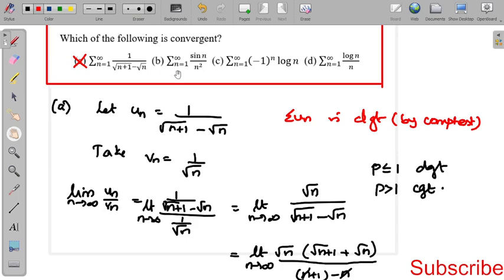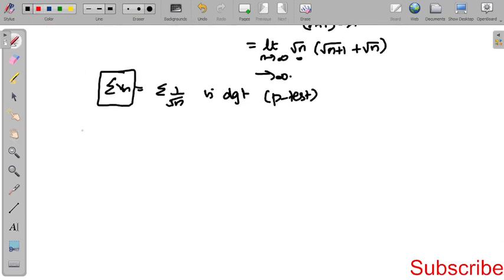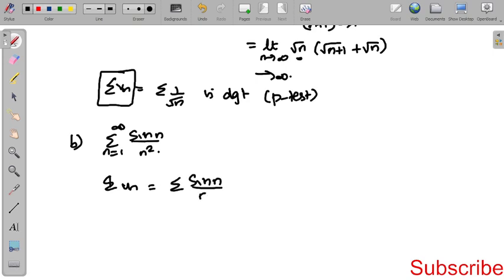B option: summation n equal to 1 to infinity of sin n divided by n square. Let's check that. I am taking the series summation un equal to summation sin n divided by n square.